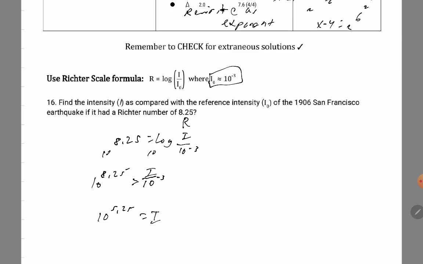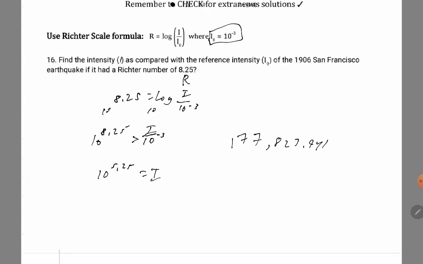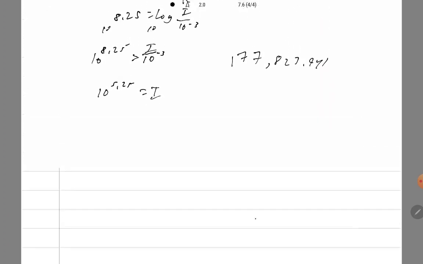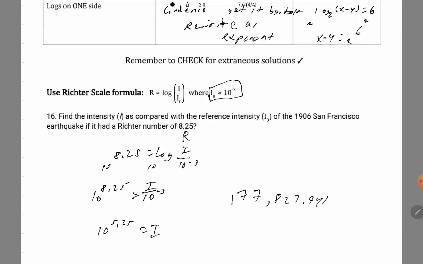This is 177,827.941. That's the intensity. That's pretty big. You know, the Richter scale 8.25, yeah, it's a large earthquake.